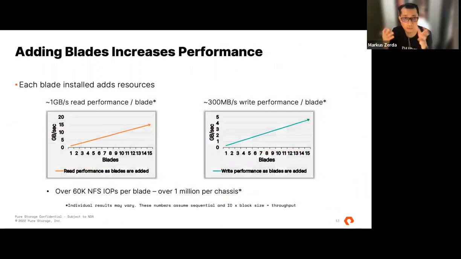Okay, so the FlashBlade is a scale-out array. So if you add a blade, it will add capacity and it will add performance. Okay, so one blade can give you 1 gigabyte of throughput. Okay, because the connection between the FM going to the blade is 10 gigabit per second.